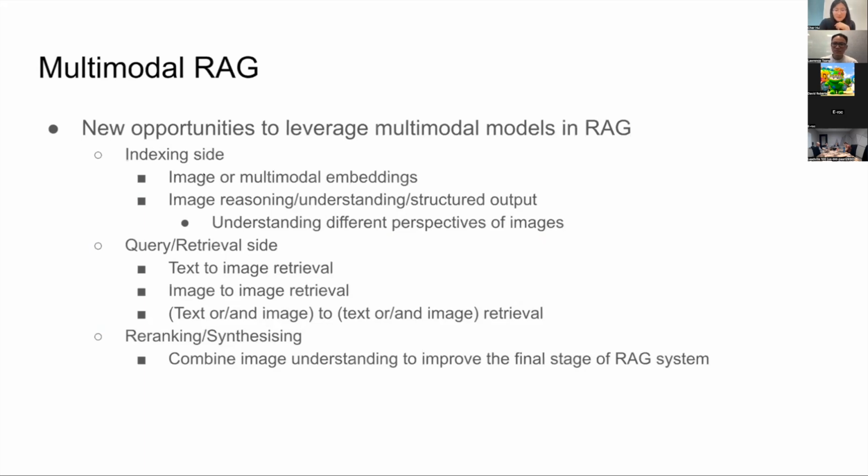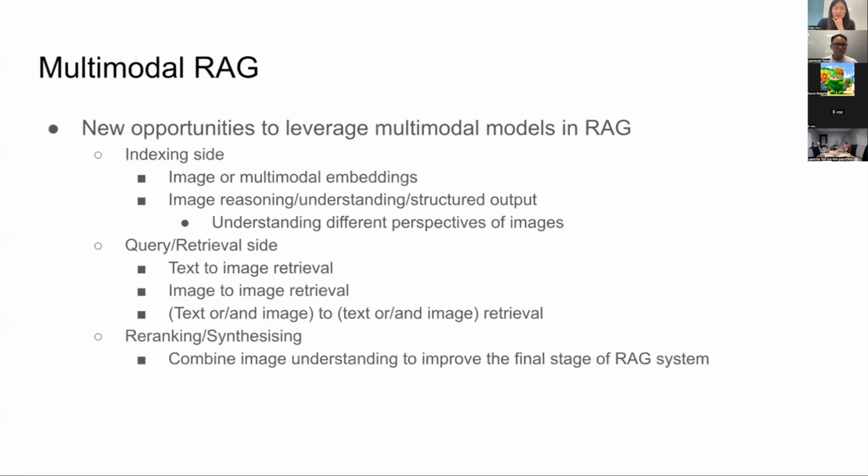So on the indexing side, you can think about this in two ways. You can index images and text in different ways. You can generate native image embeddings. You can also use a multimodal model to extract structured text from images, and then index that text, which references the original image. On the query and retrieval side, you can do text-to-image retrieval.